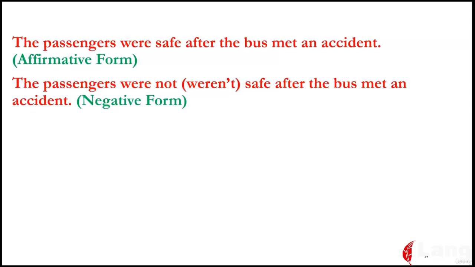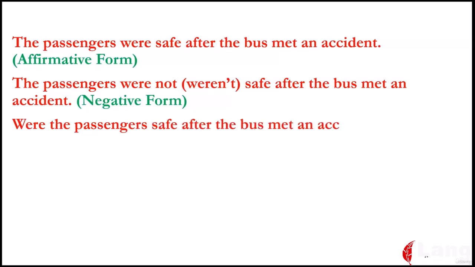We can use the contraction weren't instead of were not. The interrogative form is, were the passengers safe after the bus met an accident?